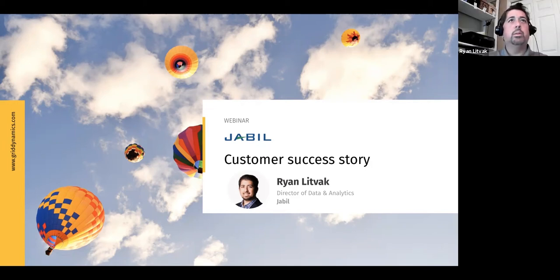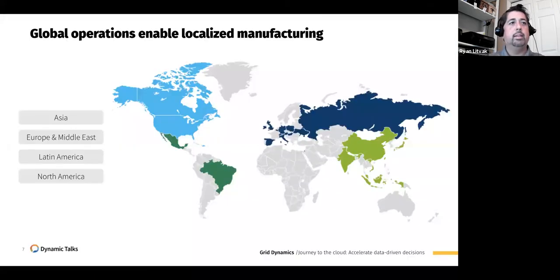Well, thank you very much, June. I appreciate that. So I wanted to start off by giving a little overview of what we do at Jabil and who we are. Jabil was founded in 1966, and we're one of the largest contract manufacturers in the world today, building many of the products that you likely use on a daily basis, distributed across dozens of sites in dozens of countries worldwide.